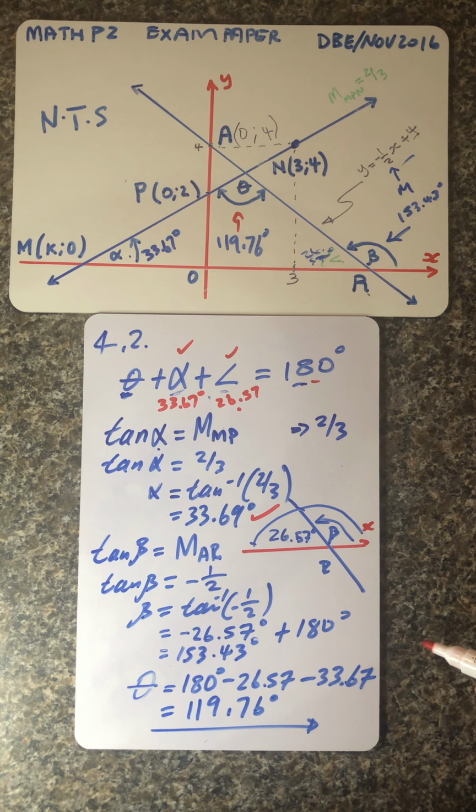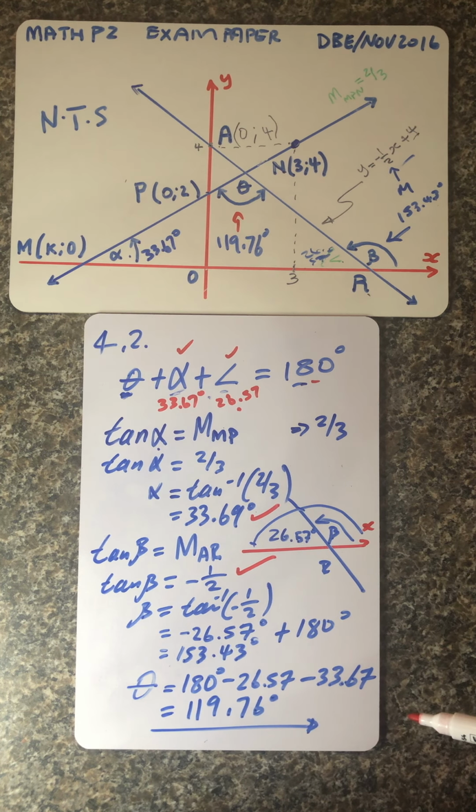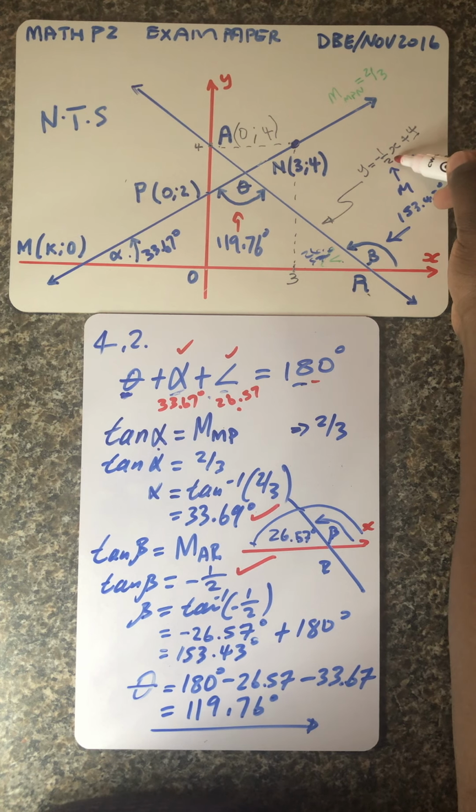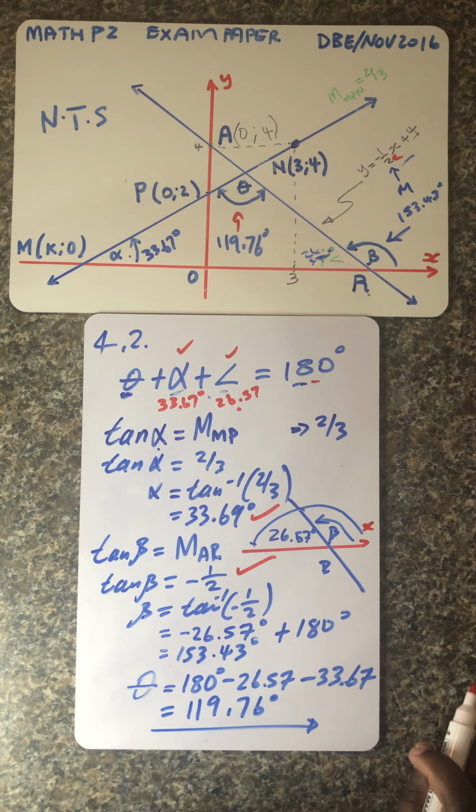And the other formula comes from noticing that this is the formula to use, because for you to notice that the gradient for that line is -1/2, it really indicates that you have a good understanding of what you're doing. So we can give you a mark for that.